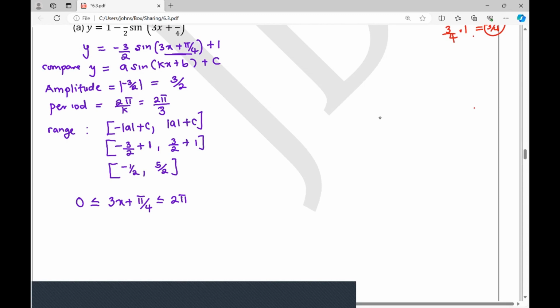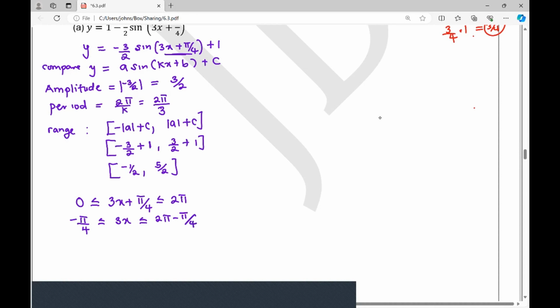So now we want to find the interval for x. This now will be minus pi/4 less than or equal to 3x, and this will be less than 2 pi minus pi/4.